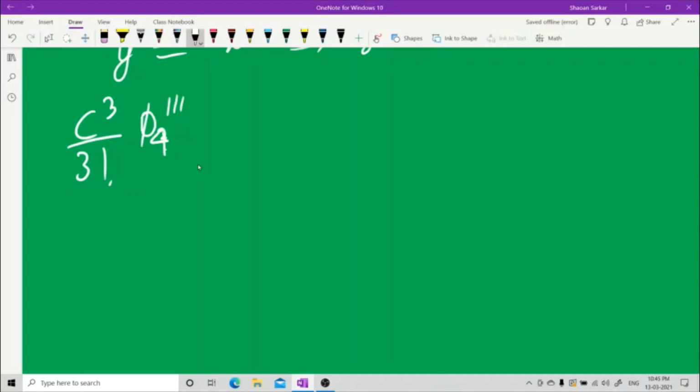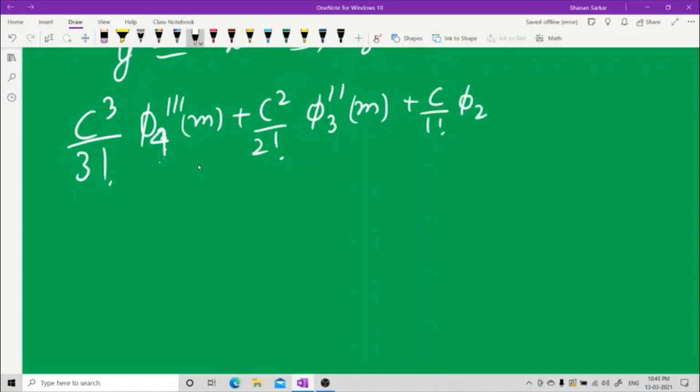You have to do the highest power, you will do 3 times derivative, plus c square by 2 factorial, that's the next lower power. You will do 2 times derivative because it is c square. Then m plus c by 1 factorial phi 4 dash m, one time derivative, and then phi 4 m.